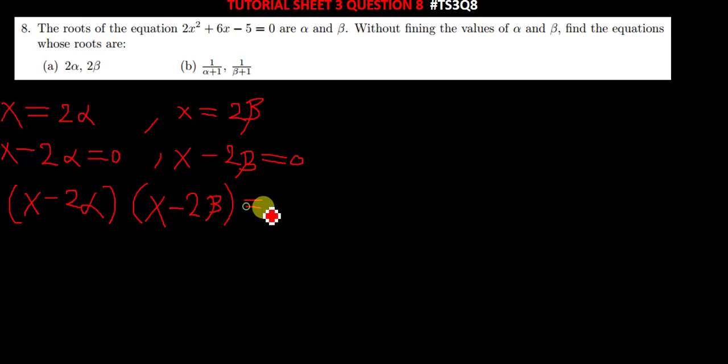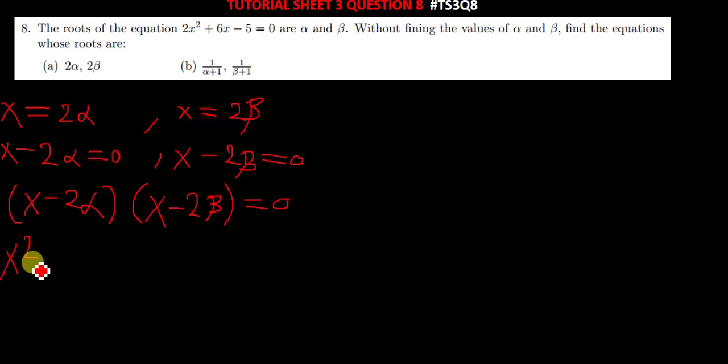So when we reach this stage, all we need is just to multiply this and that. When you multiply that and that, you have your equation: x times x, you get x squared.